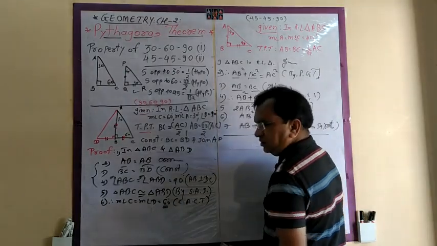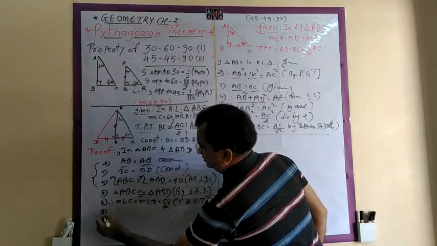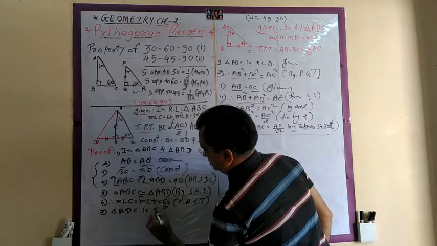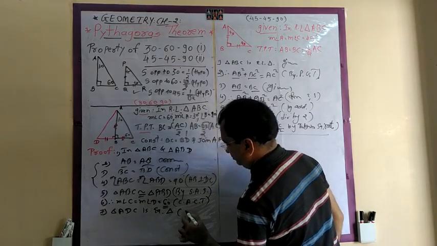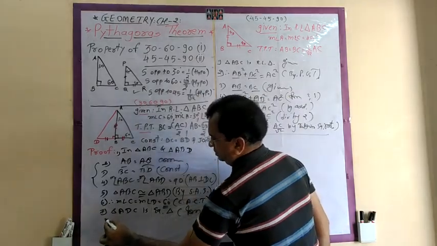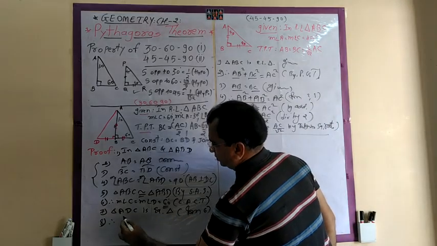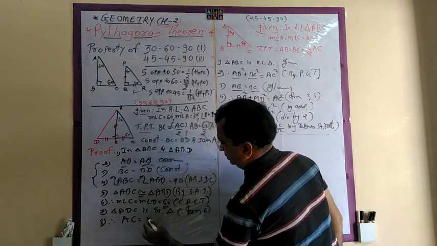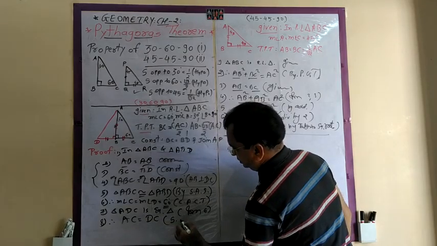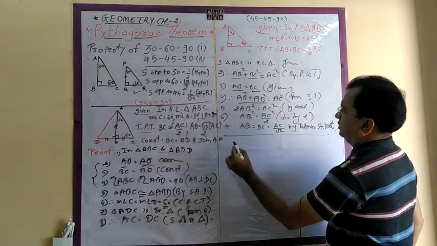In any triangle, if two angles are 60, then it is equilateral triangle. ADC is equilateral triangle. Therefore AC is equal to DC. Why? Side of equilateral triangle.